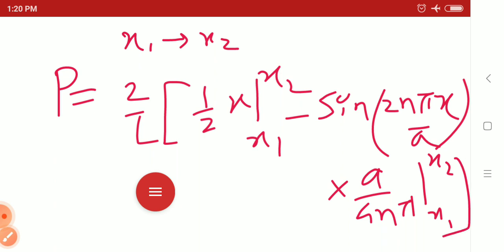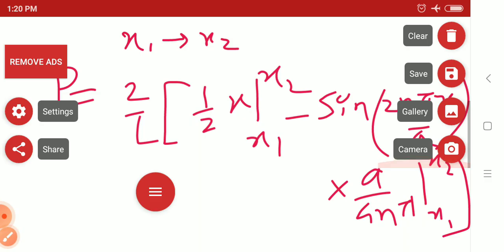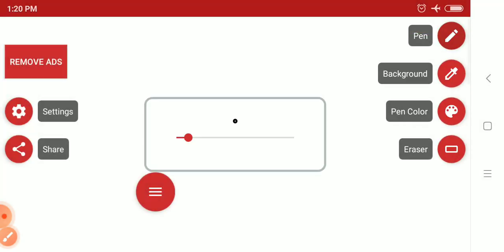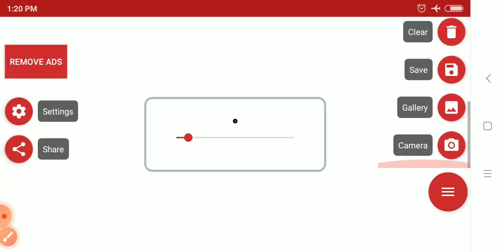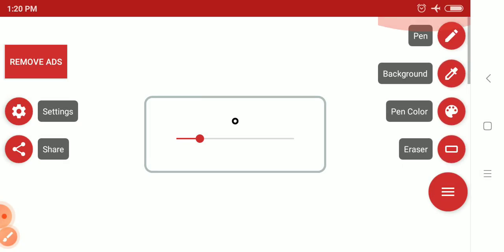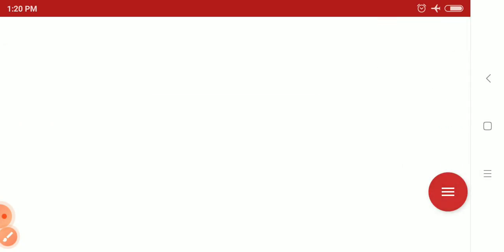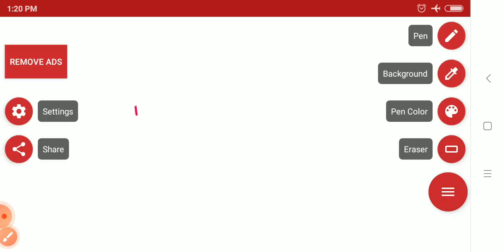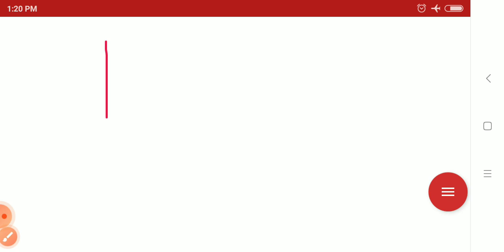Another important trick to find this probability I am now going to discuss. You should remember this so that you can solve easily.